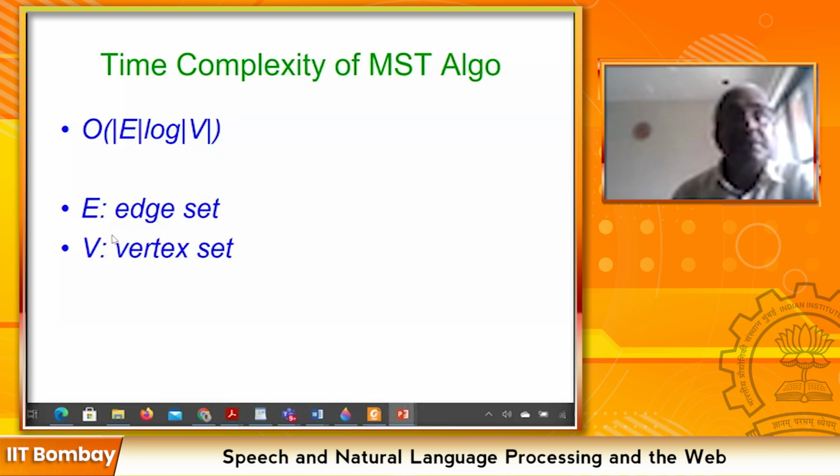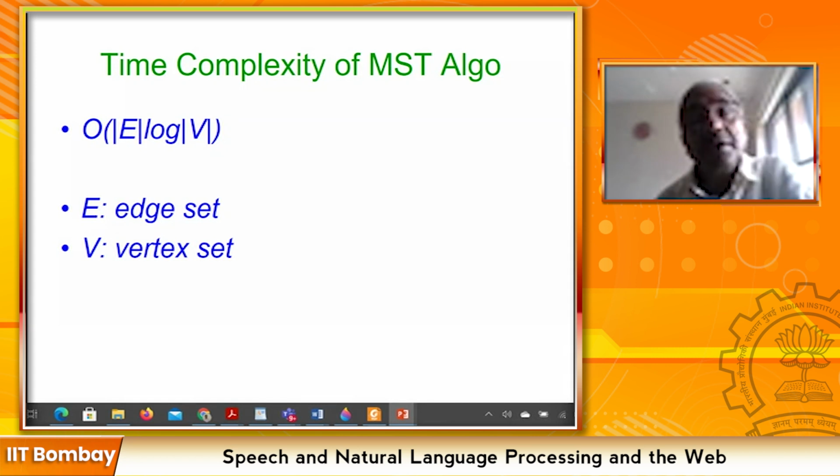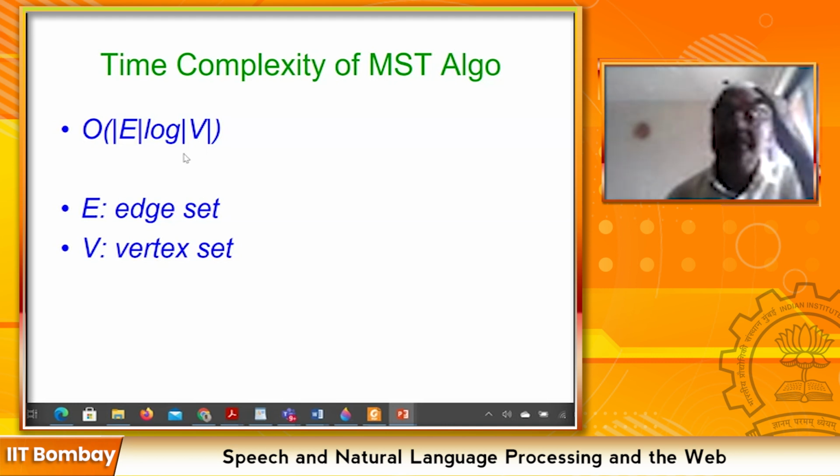So we are talking about order E log V, and think about whether this is linear or quadratic in the sentence length. Sentence length is the number of words in the sentence. So please put this as an exercise: in the MST algorithm for dependency tree finding, express complexity in terms of sentence length.